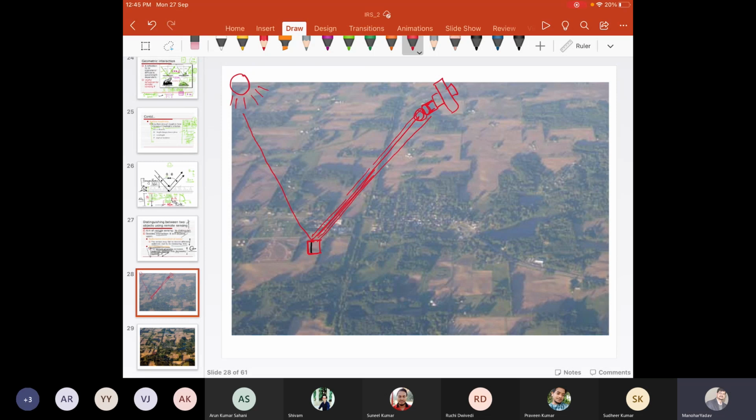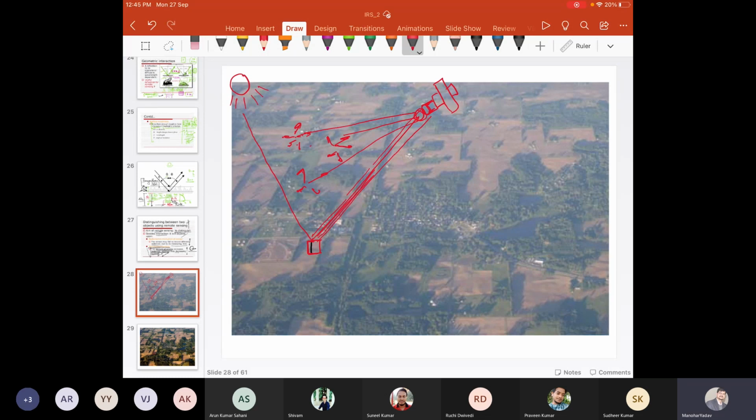What are the constituents in this radiance? What happens when there is atmospheric scatter? Let's say there are certain particles, they scatter energy in a different direction. Similarly over here, they scatter in a different direction. Due to the scattering also we have an energy component.